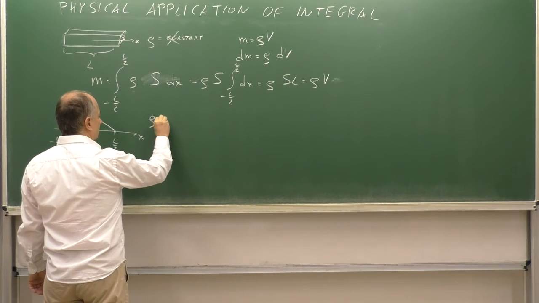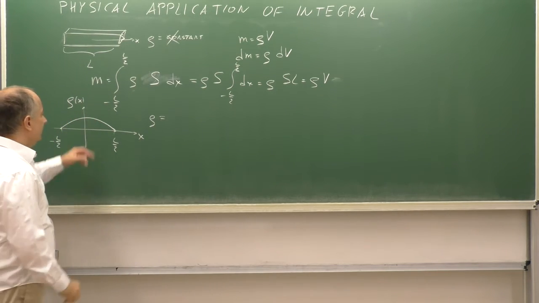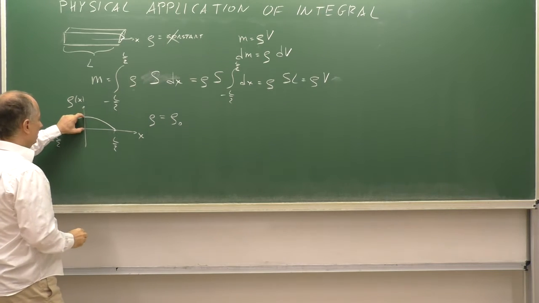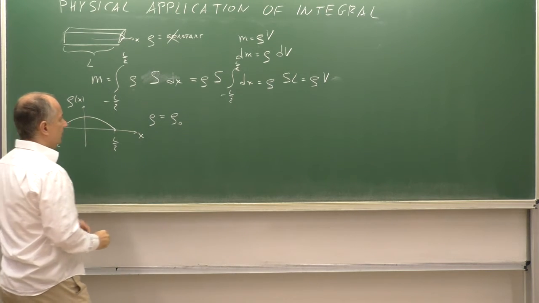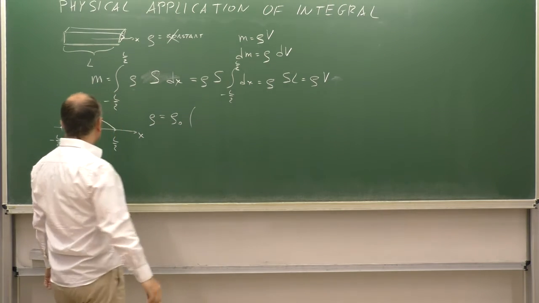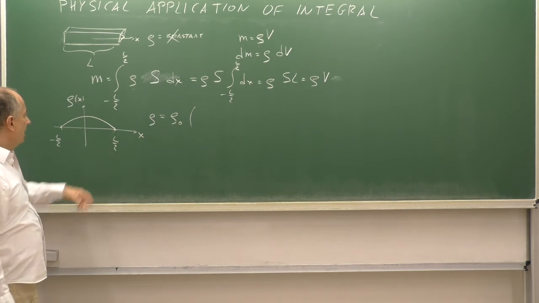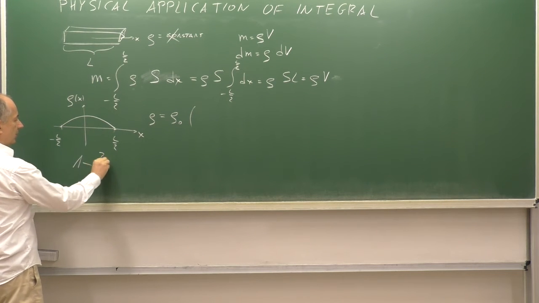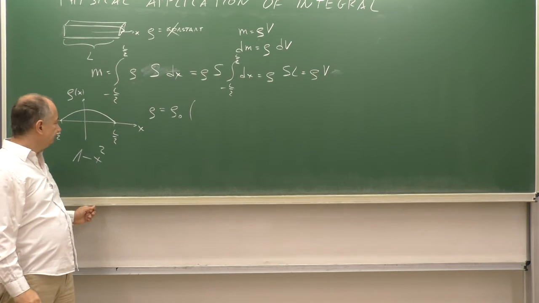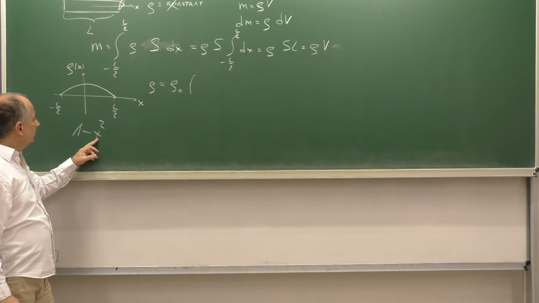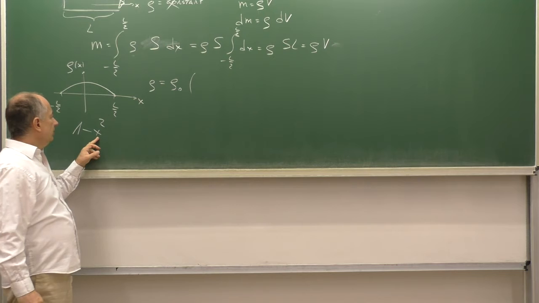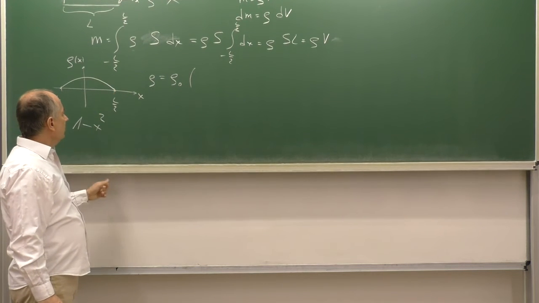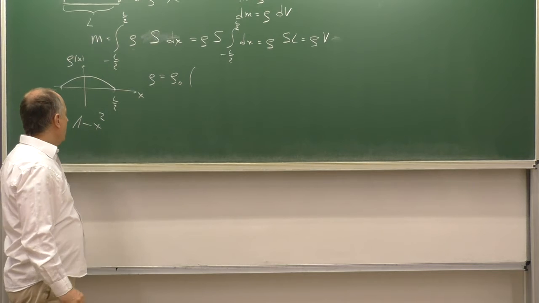So we can write that rho as a function of x is some constant, the maximum value in the middle at 0, times some quadratic function that goes down, and a quadratic function like that can be described as 1 minus x squared. But we want to divide x by some constant so that it is equal to 0 for x equal to L half.